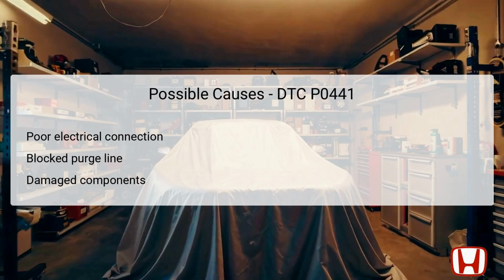Blockages in the purge line, which runs between the EVAP canister purge valve and the canister, can prevent vapors from moving as needed. Damage to any components, such as cracks in the canister or malfunctioning valves, can also disrupt the purging process. Each of these causes could potentially lead to increased emissions and reduced engine performance.